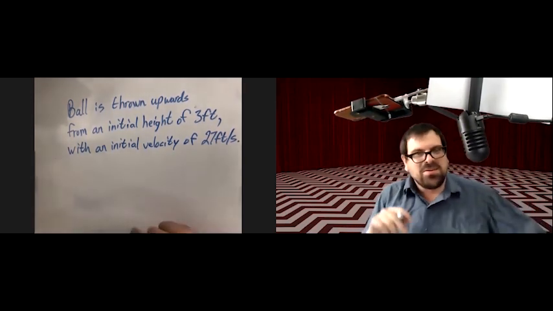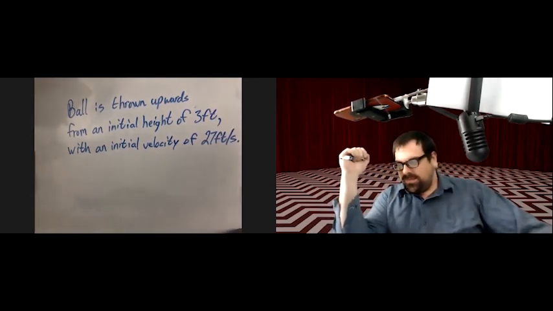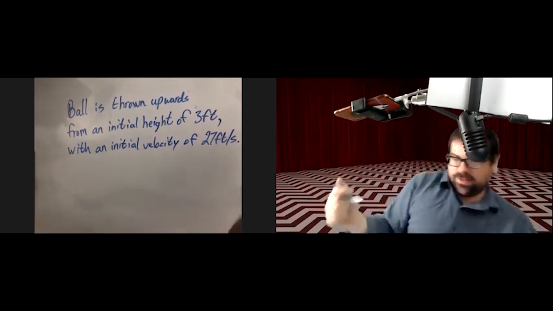Wouldn't it be horrible if you had to make an equation given this information? This is not a physics class, so I'm not going to make you come up with the equation here.